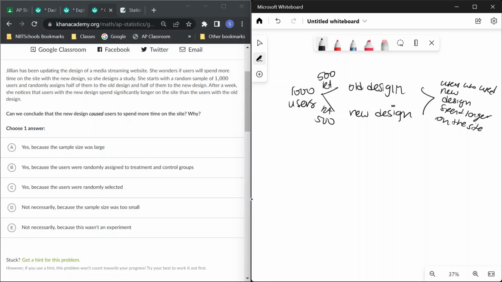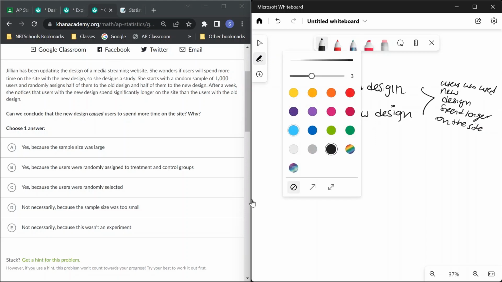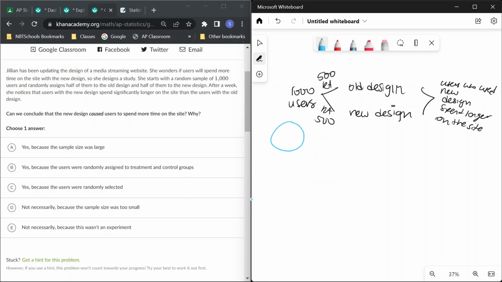Okay, what are we even doing again? So, 1,000 users. It is important to note, I'm going to start writing this so you get it. We have a pool of users, and it says that she starts with a random sample of 1,000 users. So she randomly selected 1,000 users, which is over here: 1,000 randomly selected users.